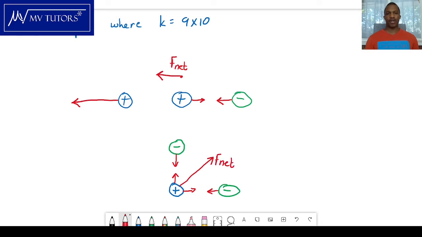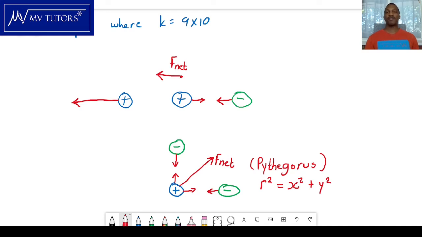To calculate the net force, we need to use Pythagoras. Remember Pythagoras? r squared is equal to x squared plus y squared. That's Pythagoras, just to remind you.